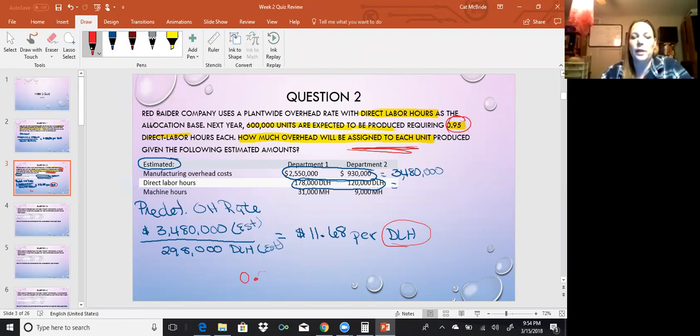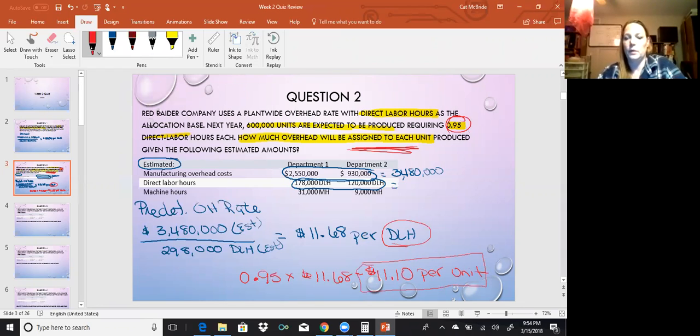So 0.95 times $11.68 is $11.10 per unit. So that's our rate, $11.10 per unit. Does that make sense?